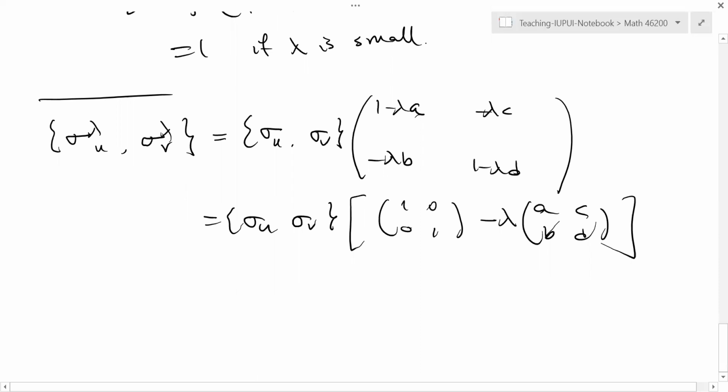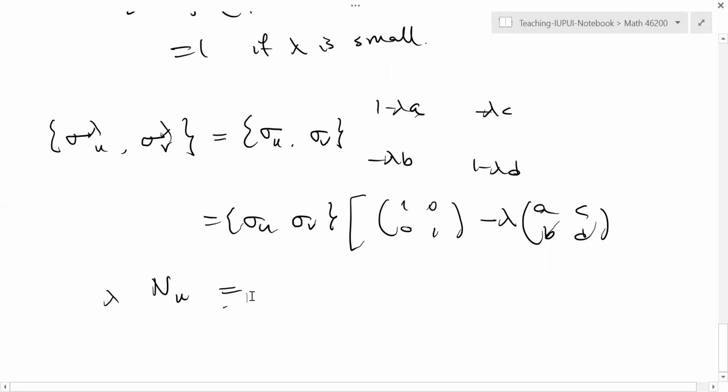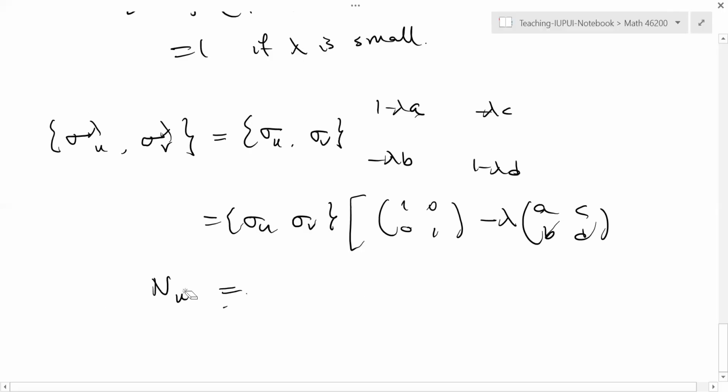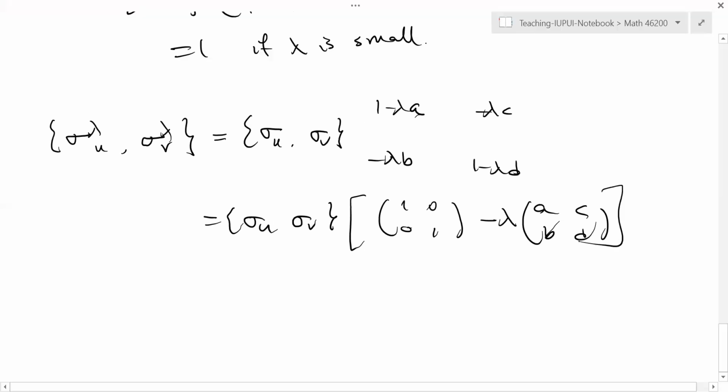Why do we need that? Because I want to find this one, in order to compute the curvature for the S lambda surface, right? Okay. I needed to compute this.